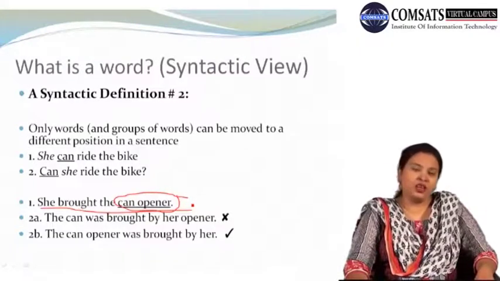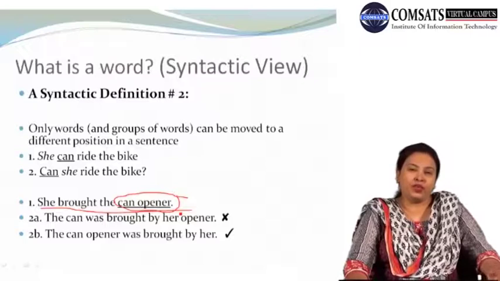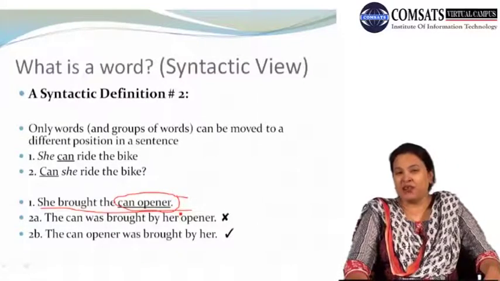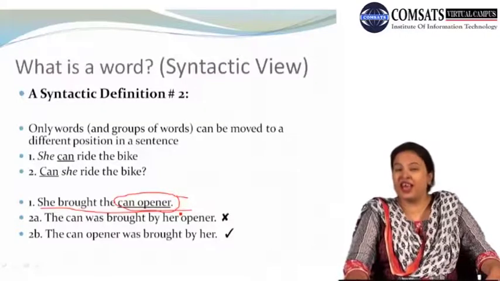If I accept the phonological definition, once again, because the phonemes are different, can is one phoneme and opener is a different phoneme, so I will accept can and opener once again as two different words. Again, not justified. If I accept the semantic definition, again I know there are certain meanings of the word can.